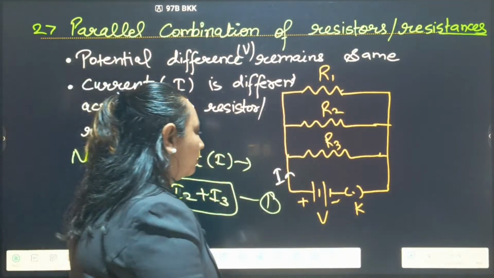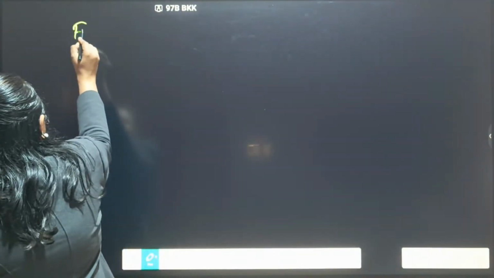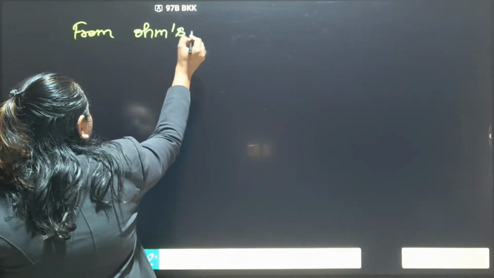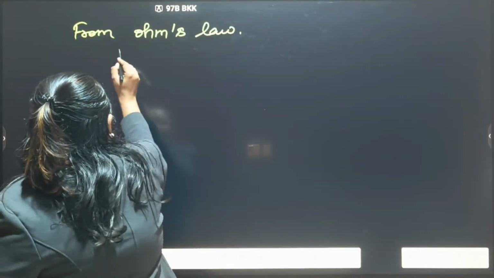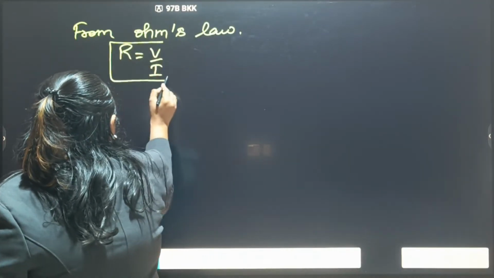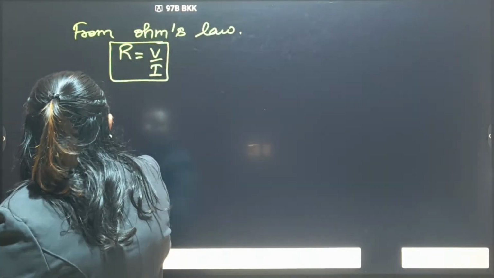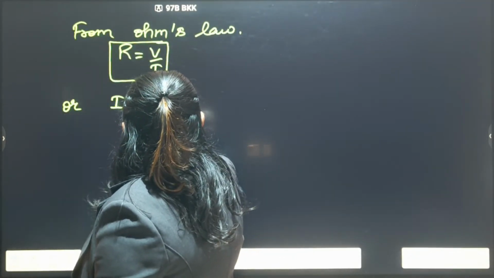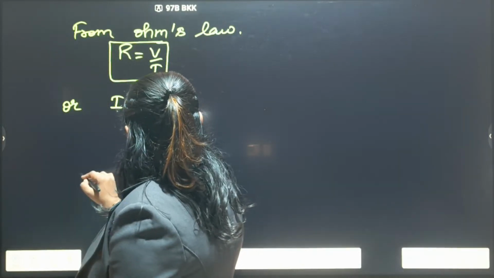Then from Ohm's law, R is equals to V over I, or if we have to find the value of I, so I is equals to V over R, right?